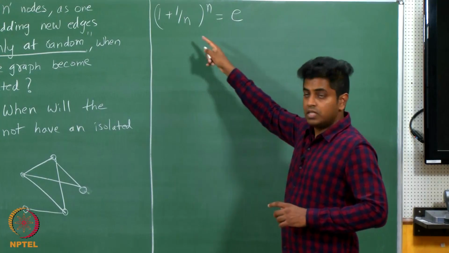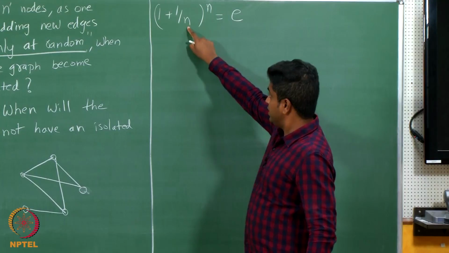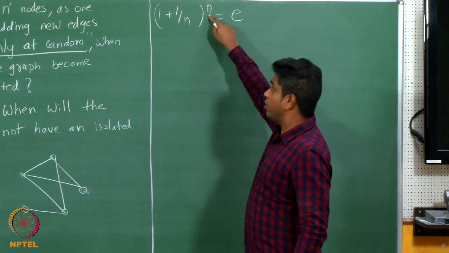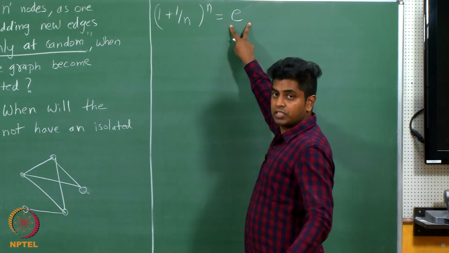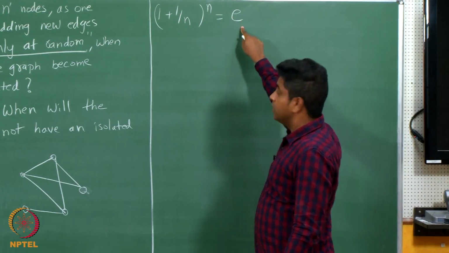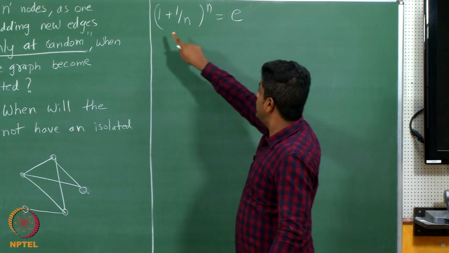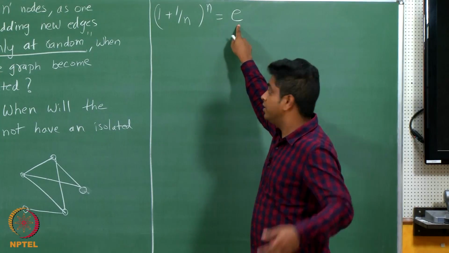As n increases, (1 + 1/n)^n becomes e. For example, if n is 10, 1 + 1/10 which is 1.1, to the power of 10 is around 2.7 which is e's value. (1 + 1/20)^20 is roughly equal to a number between 2 and 3. So it is observed that the limit of this is a constant.